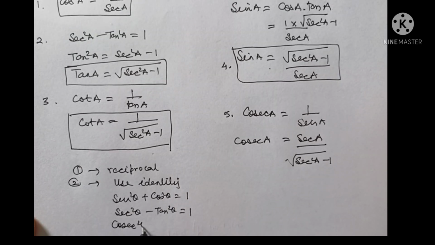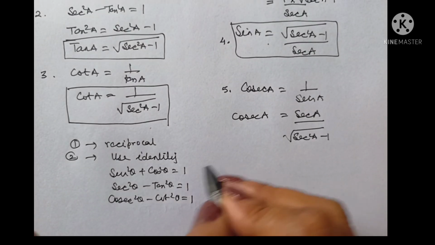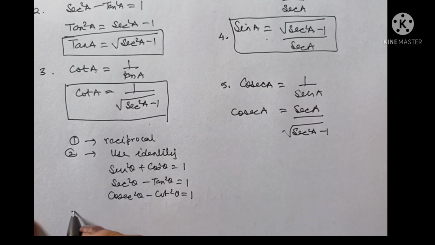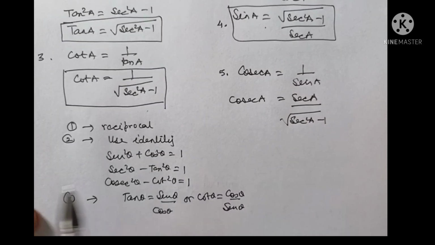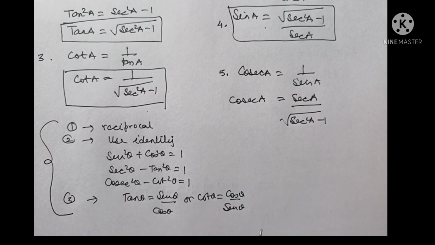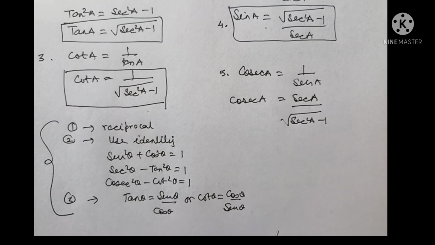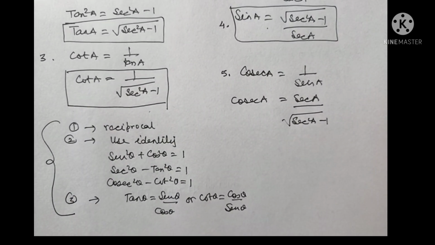And cosec square theta minus cot square theta is equal to 1. And third thing that we are going to use is the relationship of tangent theta is equal to sine theta over cos theta, or cot theta is equal to cos theta over sine theta. So using these three relationships, you can write down any t ratio in the form of the other t ratio.